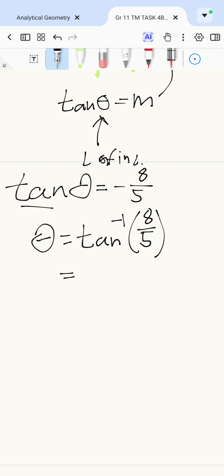So theta is equal to, now I don't have my calculator with me, so I'm just going to write a random value, let's assume something like 30 degrees. This is not the answer, but what I'm showing you is that when you do arctan of 8 over 5, you're going to end up with an acute angle.